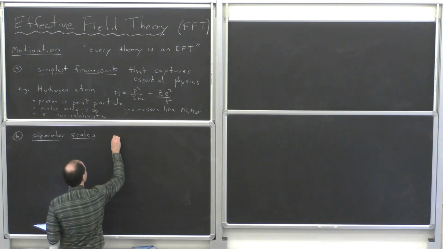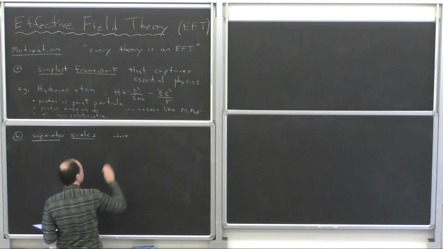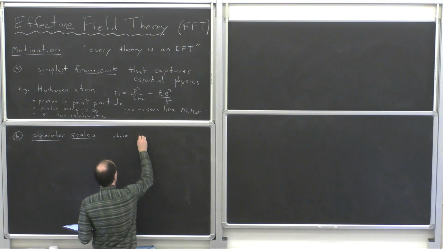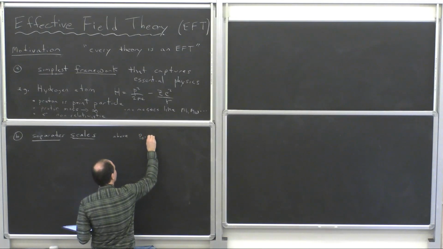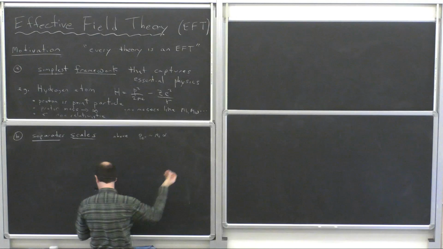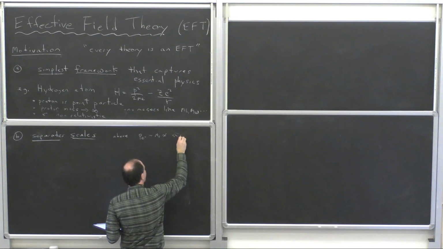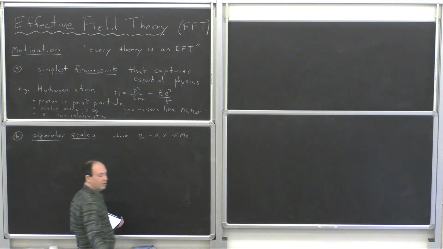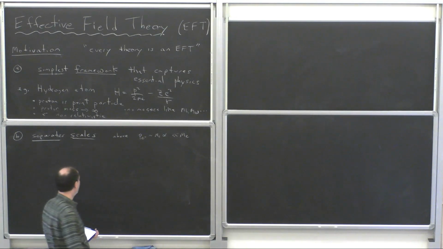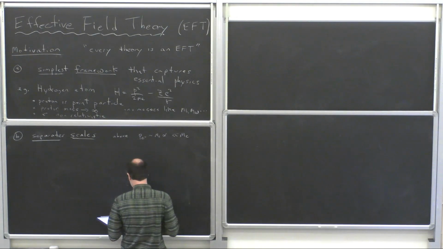So in this above example, the scales in the problem: there's some momentum of the electrons, and that momentum is actually of order the mass of the electron times the fine structure constant, and it's much less than the mass of the electron. That's why the system is non-relativistic, because it has small momentum compared to the mass, and the mass is a heavy scale.